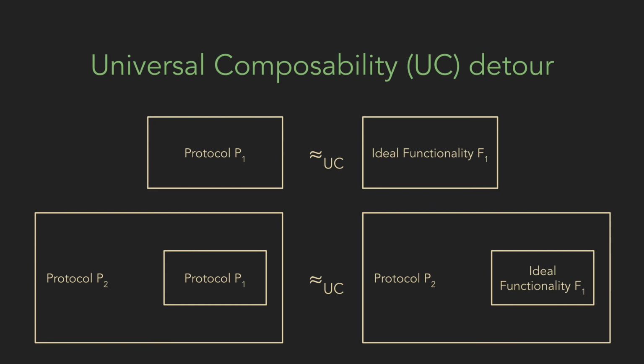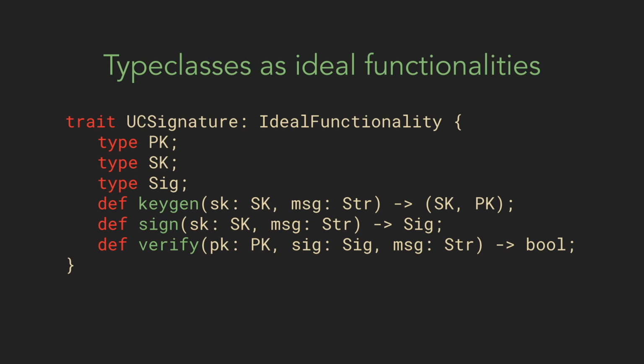We hypothesize that we can capture UC ideal functionalities by extending the notion of a type class. For example, we could imagine capturing the UC definition of a signature scheme as the UC signature type class. Then, when we instantiate UC signature, we must prove that the concrete protocol UC realizes the ideal functionality.